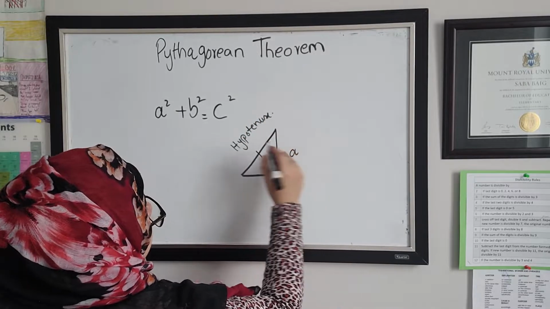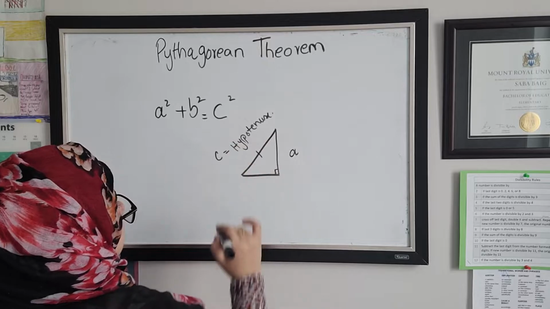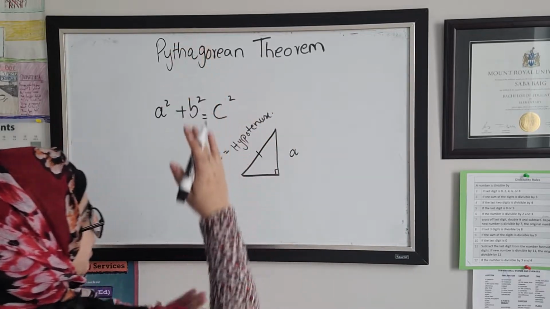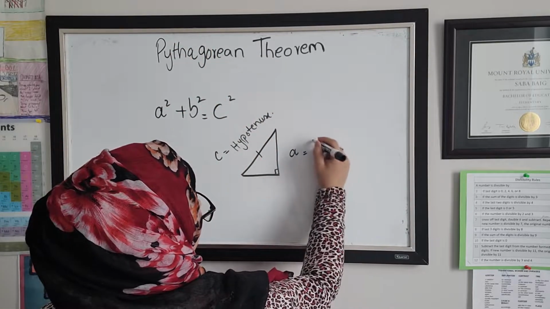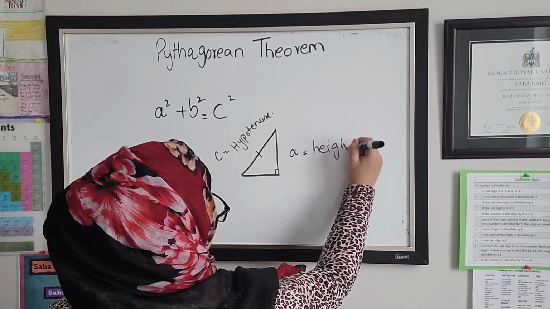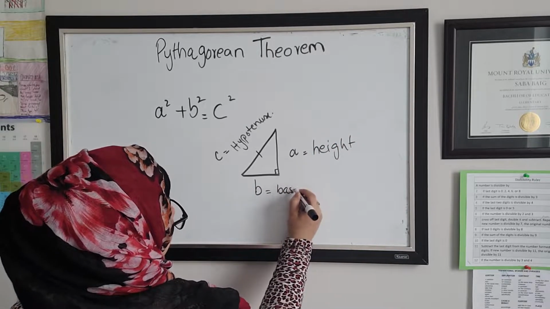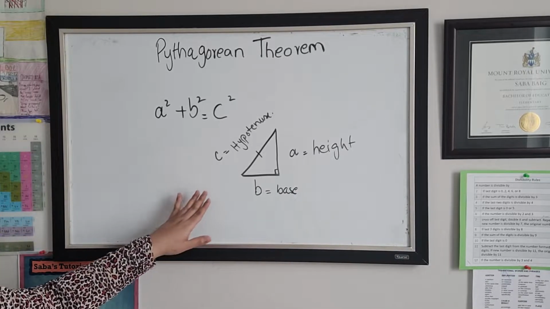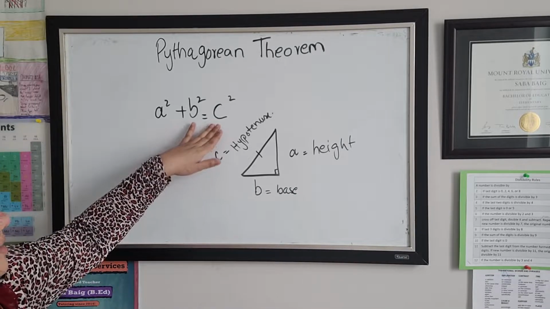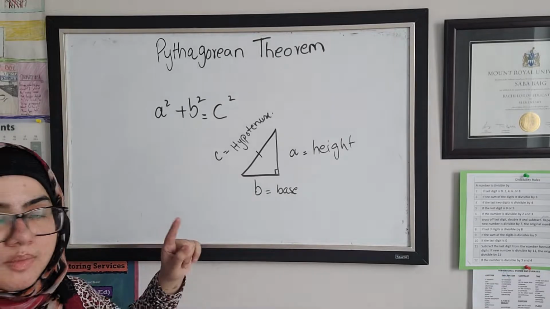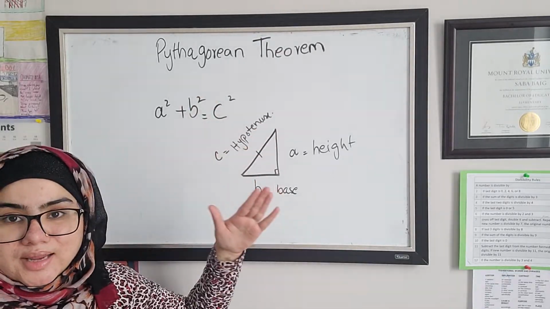This side is A, the height of the triangle, and this side is B, which is the base of the triangle. So don't get confused. What is C? C is the hypotenuse. Always remember, C is always the slanted side.